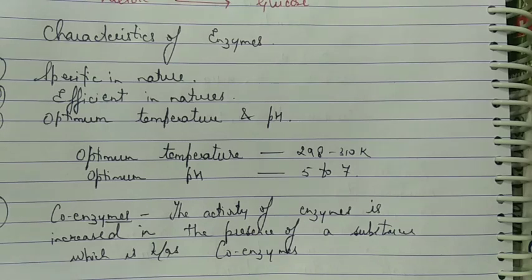Now we are going to talk about the mechanism of enzyme catalysis. That means how the enzyme is going to get attached to the reactant. And the mechanism that we are going to learn is known as lock and key mechanism.